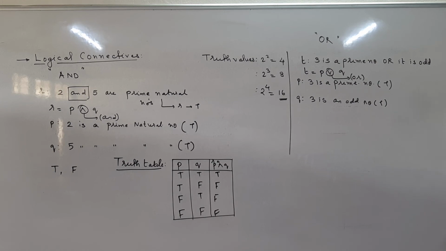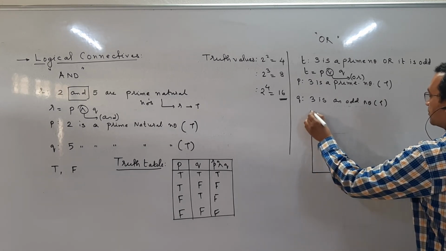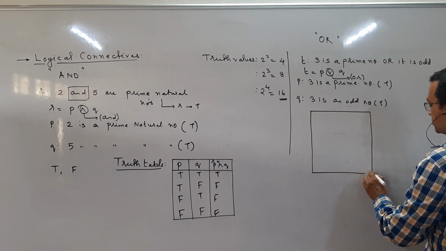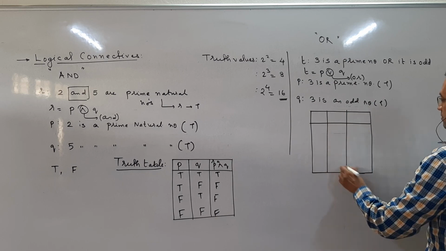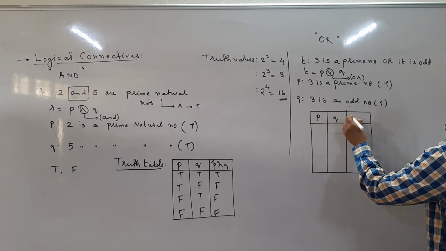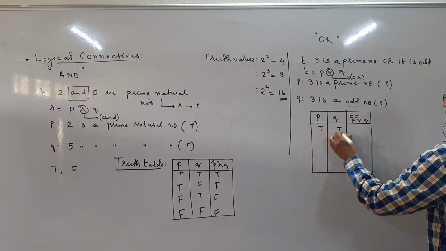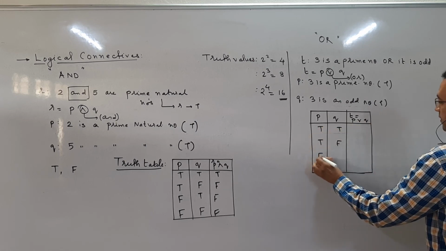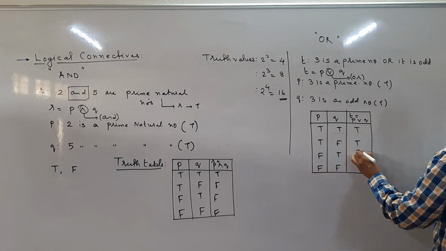Again, if I want to prepare the truth table of OR, then like this: P, Q, T is equal to P or Q: T, T, T; T, F, T; F, T, T; F, F, F.